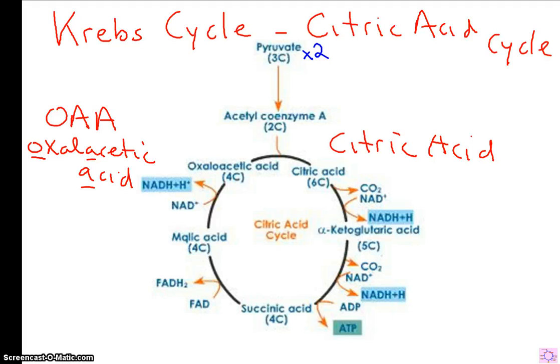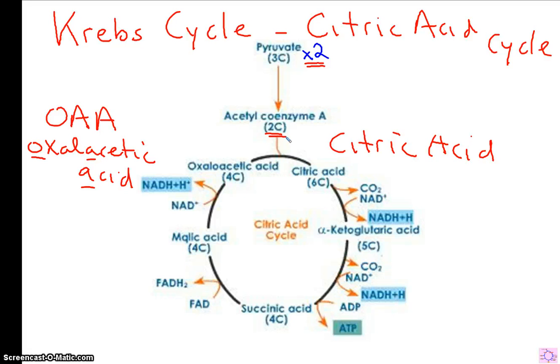In the Krebs cycle, sometimes called the citric acid cycle, the same thing is true. Remember, for every glucose molecule that we started with, we've got 2 pyruvates, so this cycle would spin twice. And here's where we just got to: we got the acetyl-CoA. Now, what we're going to be right now is carbon accountants. We've got to keep track of all the carbons that come in and go out.